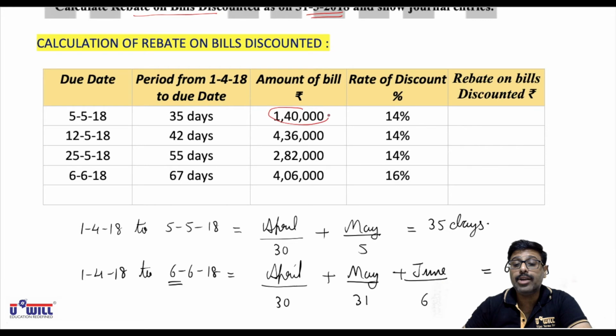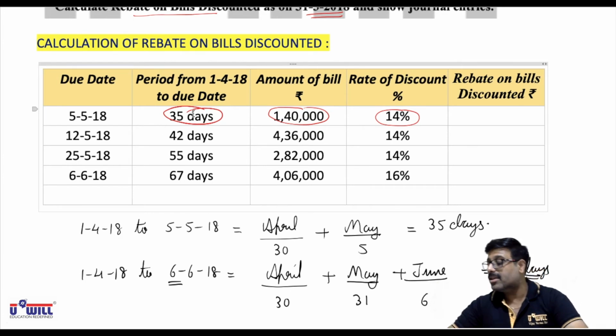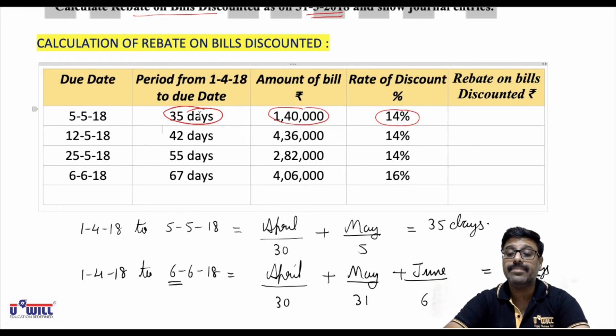1,40,000 into 14% into 35 divided by 365. Do it everyone in calculator. That comes to 1879.45, so we'll round it off to 1879 only.